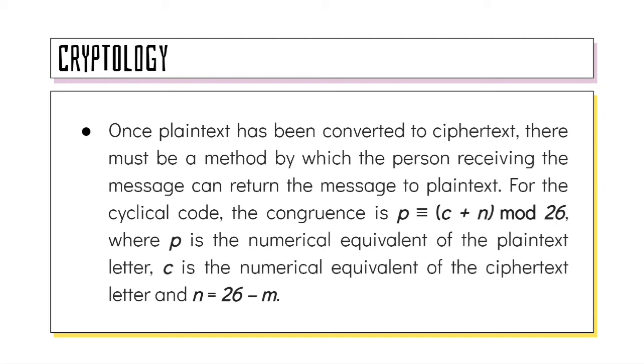And we will use this congruence: P congruent to C plus N mod 26. P here is the numerical equivalent of the plain text letter. The same with C, the numerical equivalent of the ciphertext letter. N here represents 26 minus M. M is the number of positions.